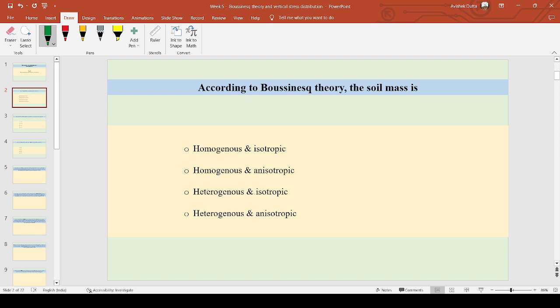So obviously, for the most simplified case, a homogeneous and isotropic soil will be considered for any theory of stress distribution or vertical stress distribution. So in Boussinesq theory, the soil being considered is homogeneous and isotropic. So the first option is the right answer. According to Boussinesq theory, the soil mass is homogeneous and isotropic.